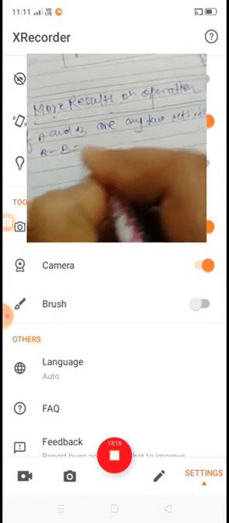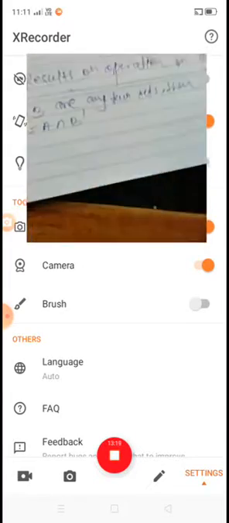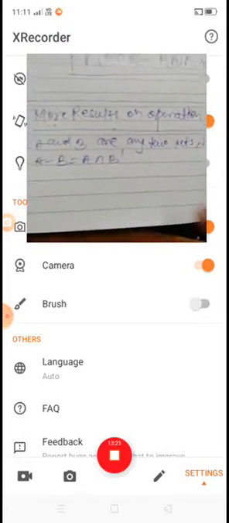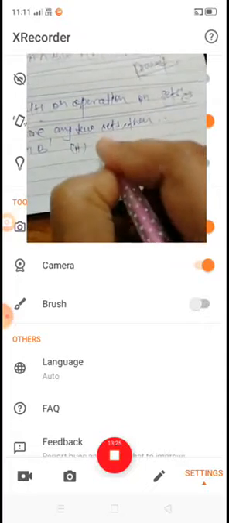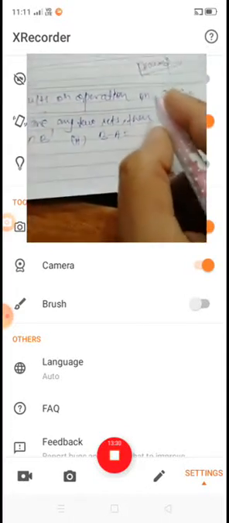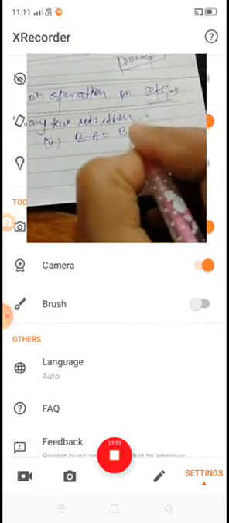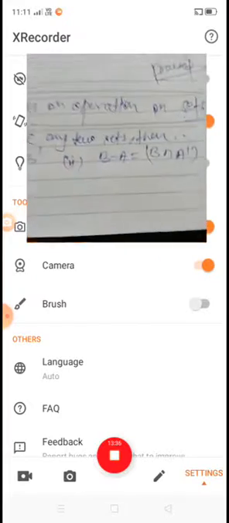First, A minus B is always equal to A intersection B dash. Second, B minus A is equal to B intersection A dash.